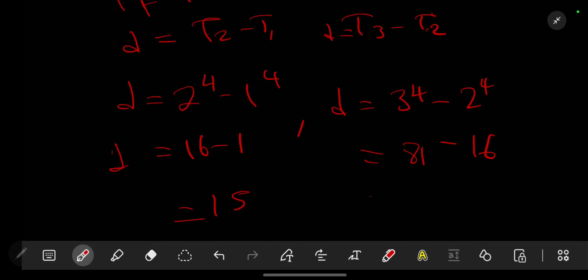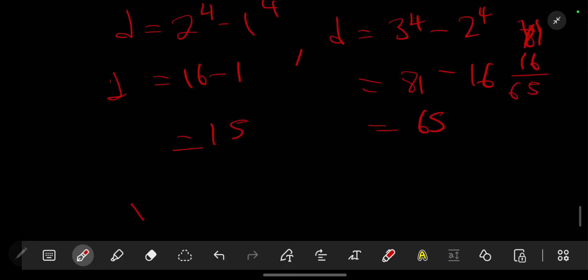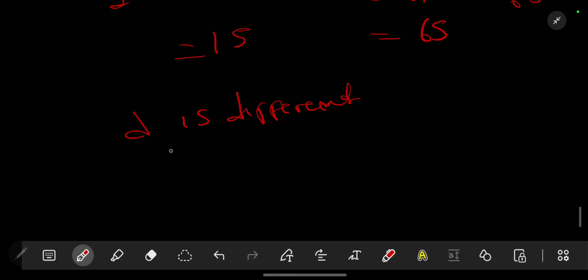This one will be 81 minus 16, which is 65. So D is different. So if D is different, that means it is not an AP.